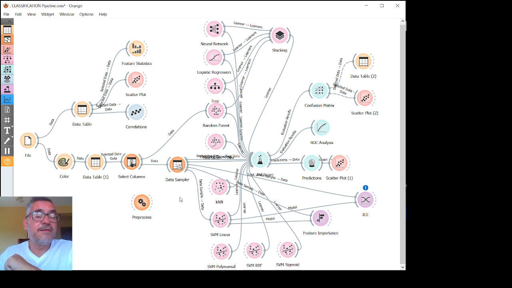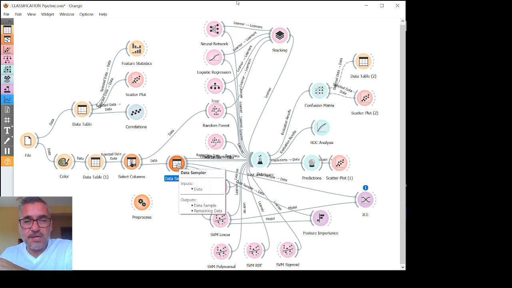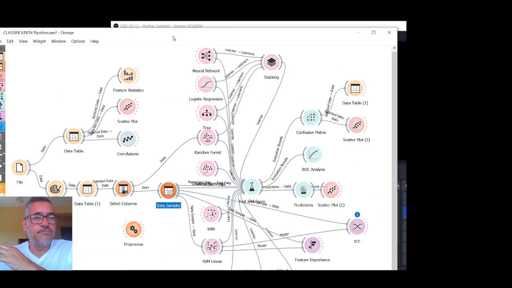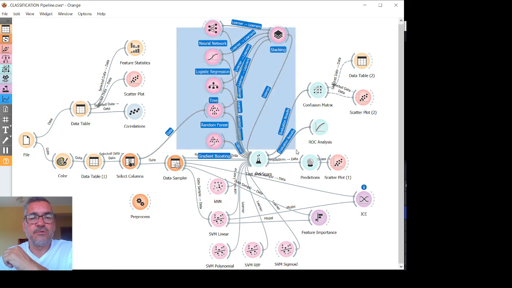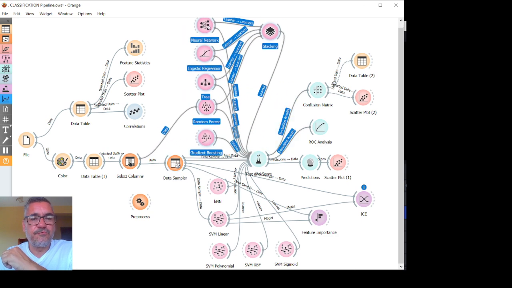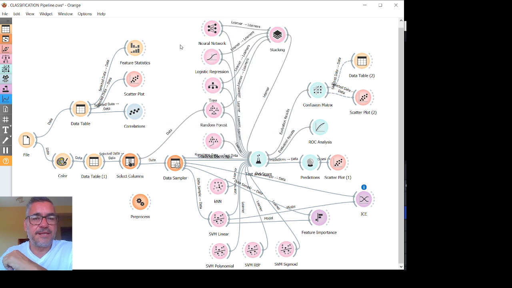Now we go to the data sampler. This is an important node. Parenthesis here: you can see that we can move everything wherever we want. Take a look, we can move everything. It is very adaptable, so it is very nice to have this visual interpretation of the pipeline of the models. Now, let's go back to the data sampler.